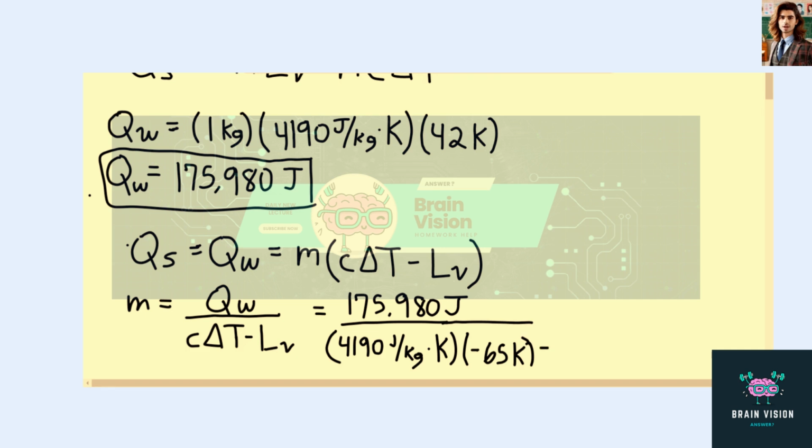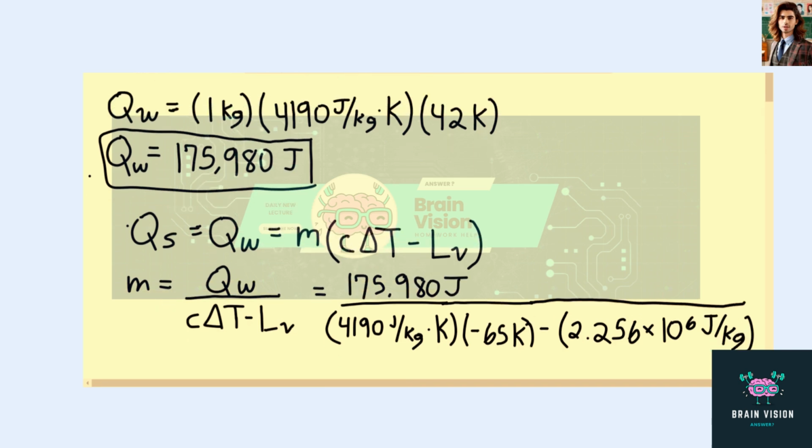We're subtracting L sub V, which is given to you: 2.256 times 10 to the 6th joules per kilogram. As you can see, our units check out and we end up in kilograms. It's a big denominator, but that's okay.